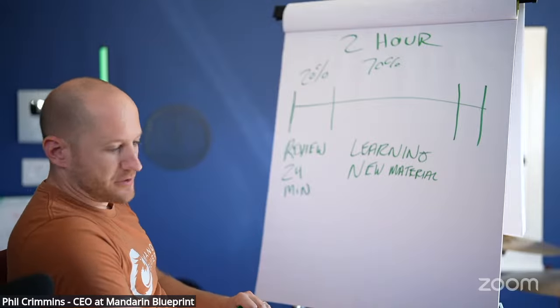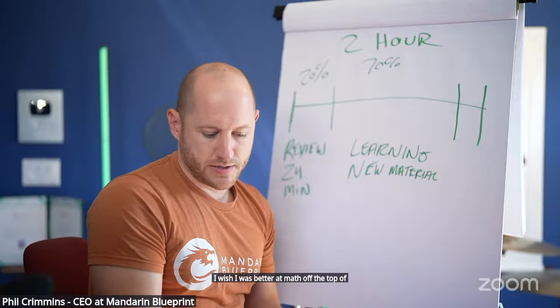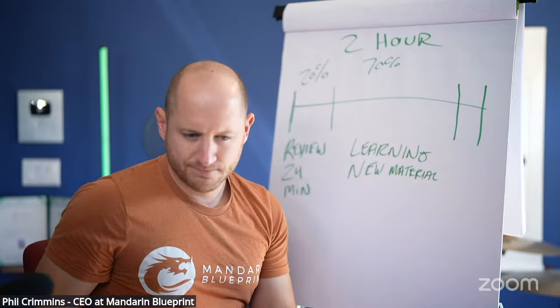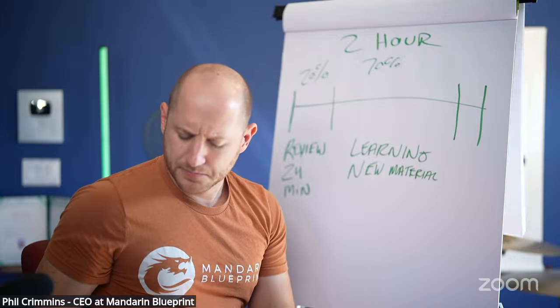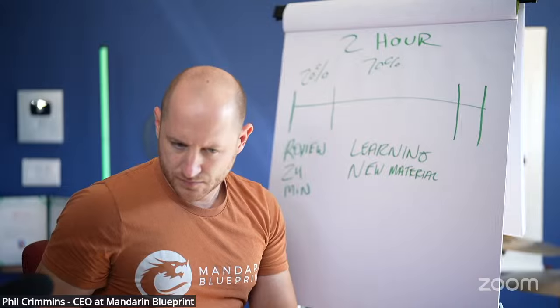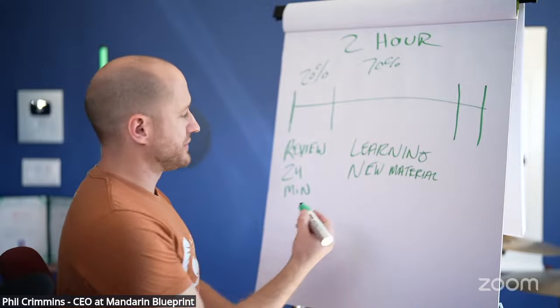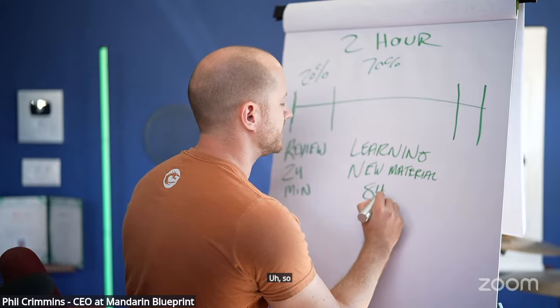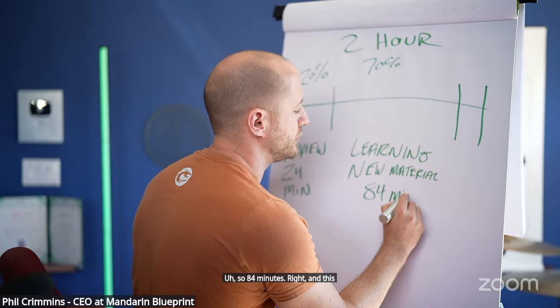I wish I was better at math off the top of my head. Right, 84 minutes. I was right. I should have trusted my instincts. So 84 minutes, and this is based on 2 hours.